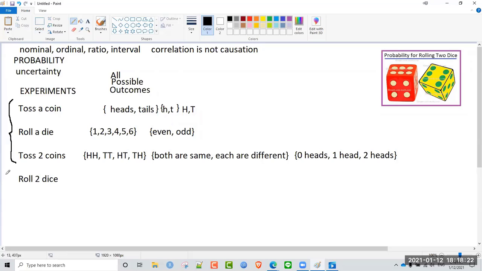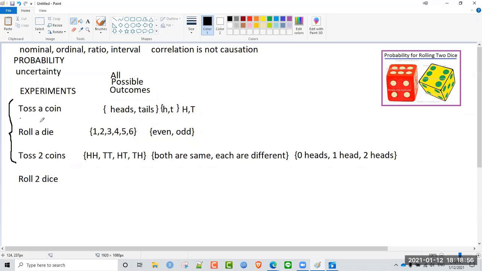So we have, at least for these, 3 different experiments: toss a coin, roll a die, toss 2 coins. By experiment, we mean something that we do where we don't know the outcome. If you toss a coin, you don't know the outcome, so we can call that an experiment. If you roll a die, you don't know the outcome, so that's an experiment. And if you toss 2 coins, you don't know the outcome either. So we have this word experiment.